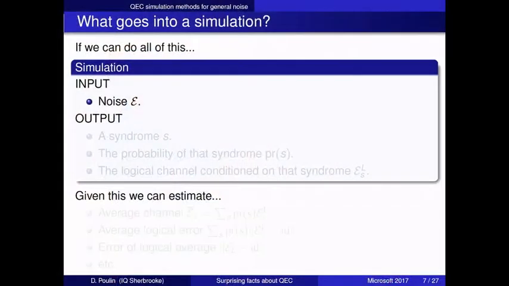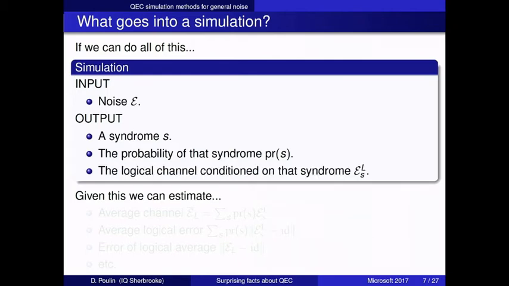Okay, so suppose that you're able to do all these things. What can you do? Well, someone comes up and says, here's my noise model. It's epsilon. Well, I can use this procedure and output a certain syndrome and say, here's the probability that you would have obtained that syndrome. And given this syndrome, here is the logical channel affecting your logical qubit.